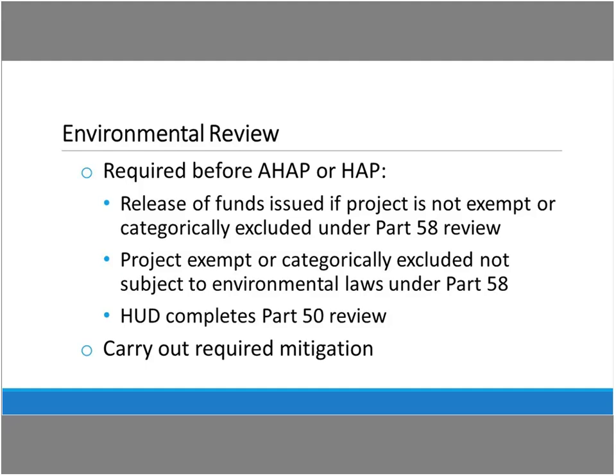If you identify that activity as part of your preferred alternative when you're doing your Part 58 much earlier in the process, you can use that Part 58 as the environmental review that is needed to satisfy the project-based voucher requirement at this point in the process.